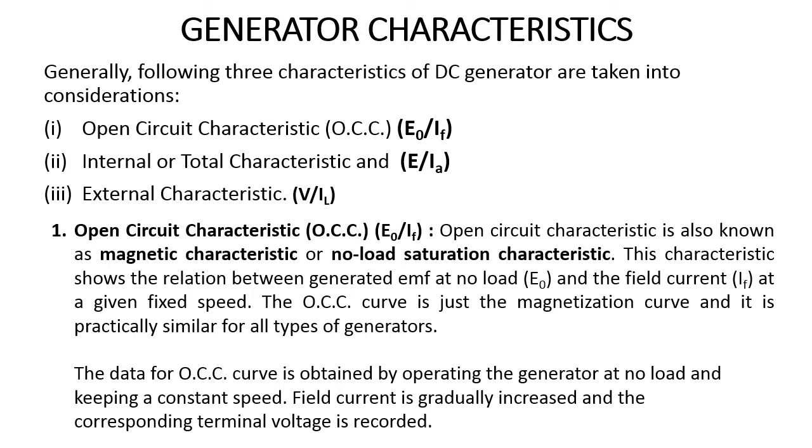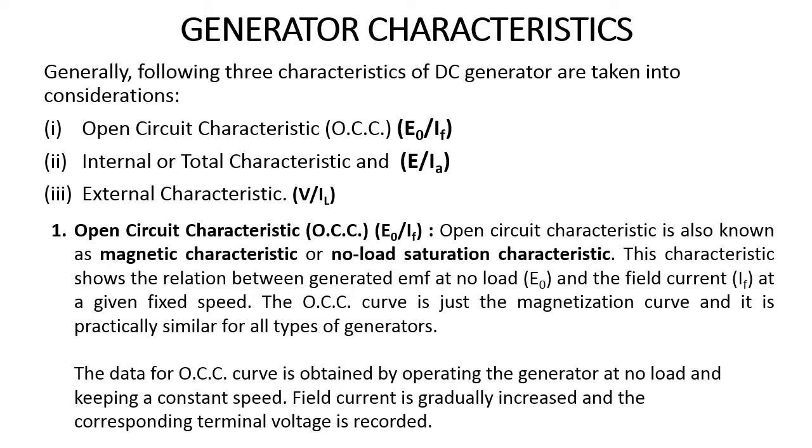Generator characteristics. Generally, the following three characteristics of DC generator are taken into consideration. Open circuit characteristics, OCC, which is a characteristic drawn between E0 and IF. IF is field current, E0 is open circuit voltage. Second one is internal or total characteristics.